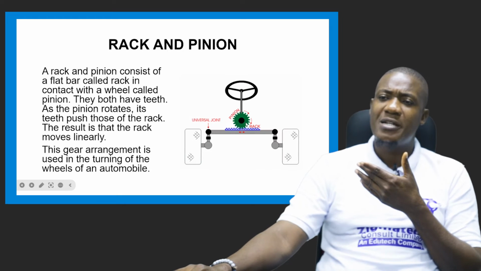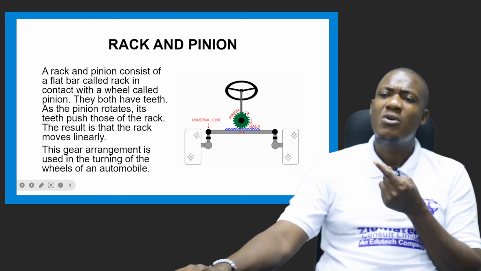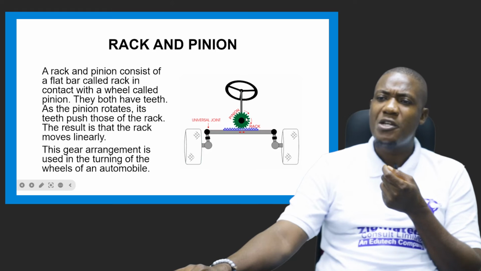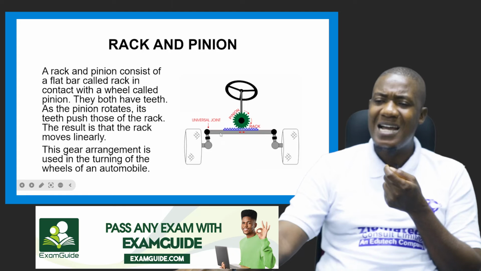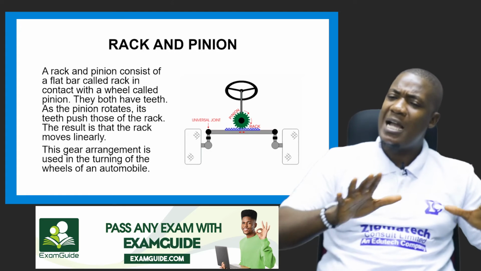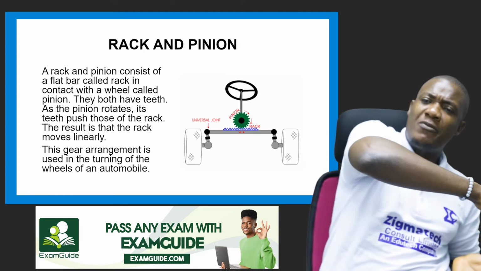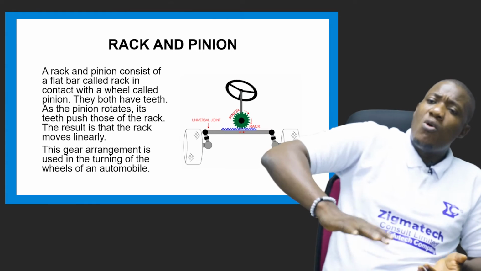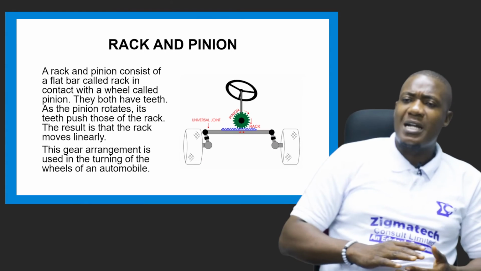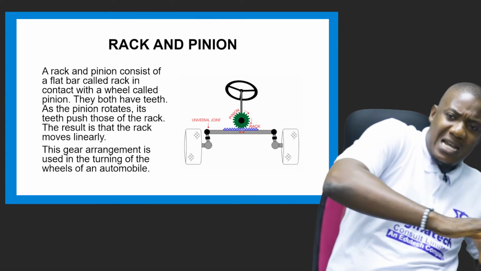As he turns the steering, the pinion moves along the rack, and the rack moves linearly in that direction. When you turn your steering, the pinion is turning over the rack, then the rack moves linearly in that direction.